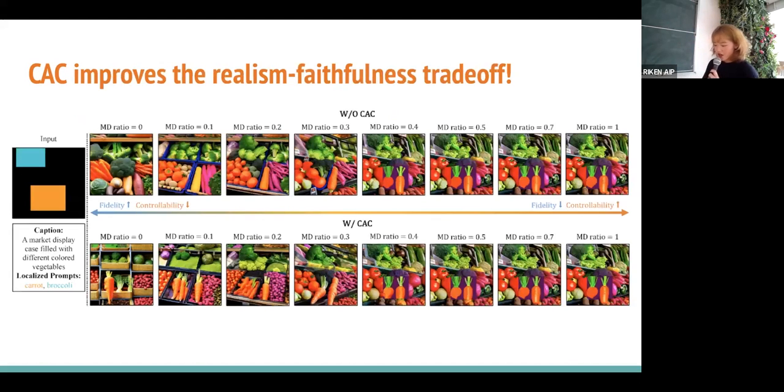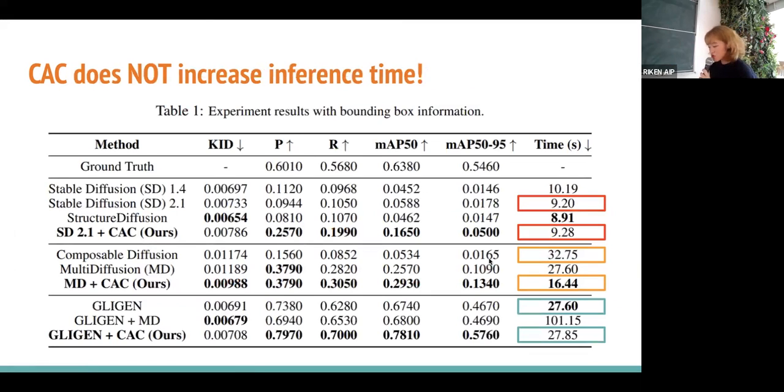Also, remember the realism and fidelity trade-off. It turns out that we also improve that trade-off, and we do not increase inference time. What you need to compare is the boxed numbers.